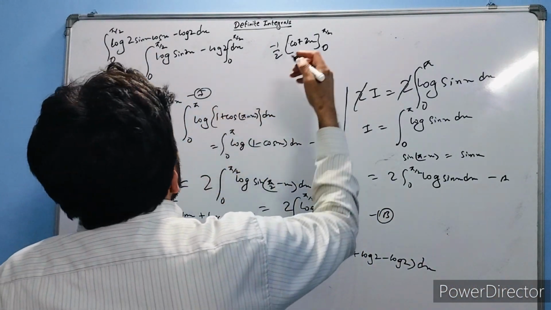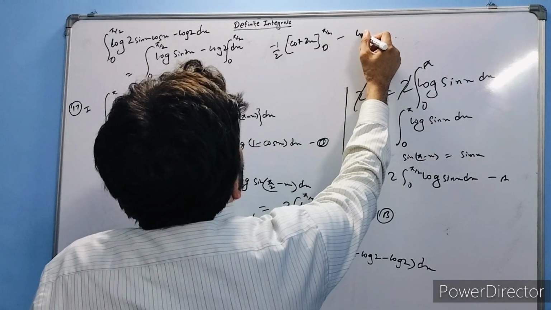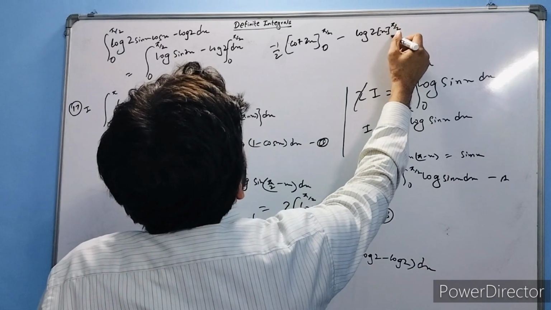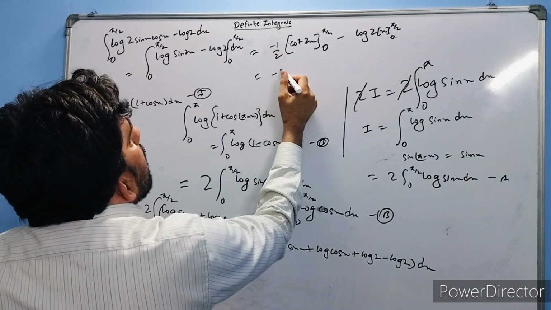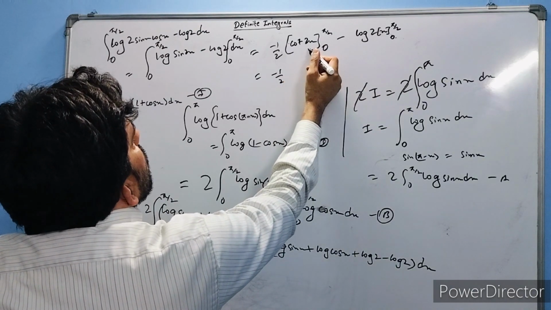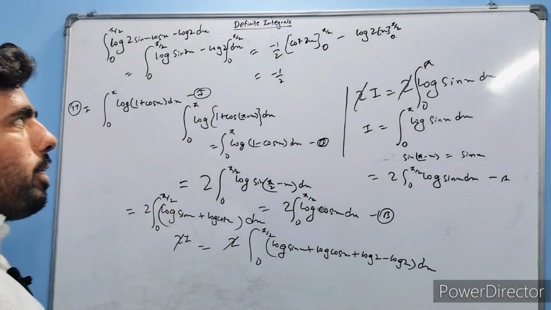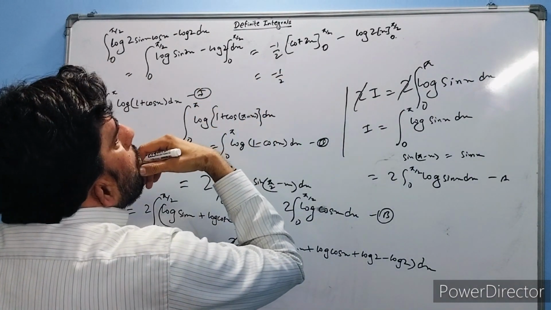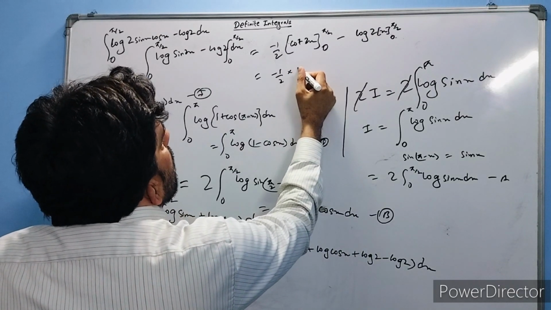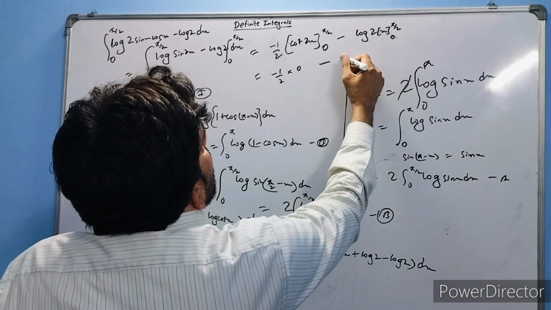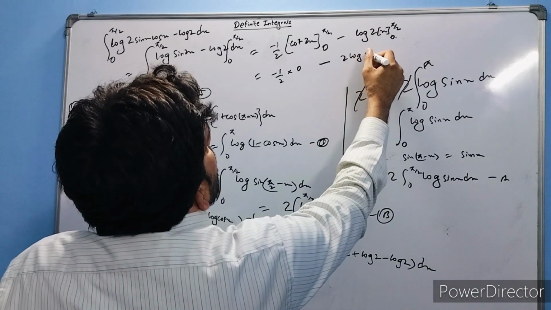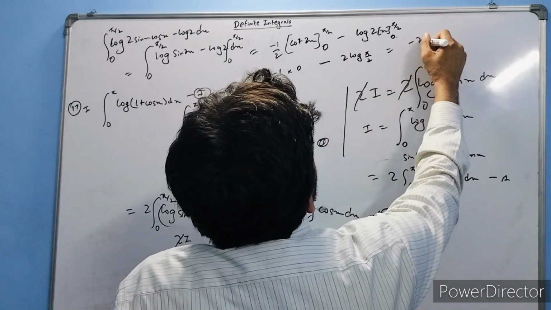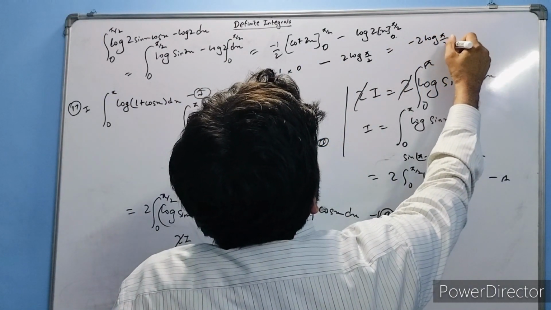Now minus log 2 times x, and I can put in the values. At pi by 2, cot pi is still defined in the limit, and at 0 our answer will be 0 minus 2 log pi by 2.